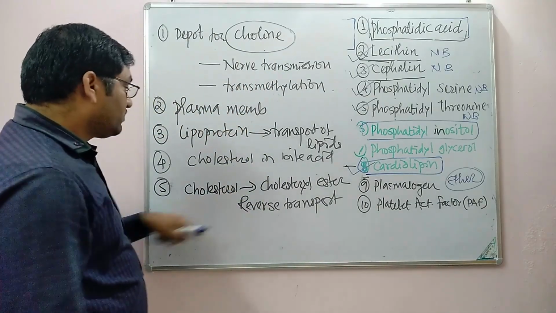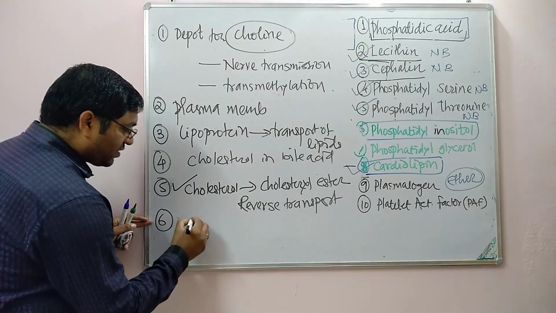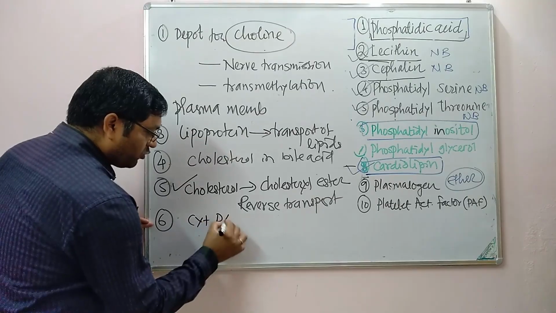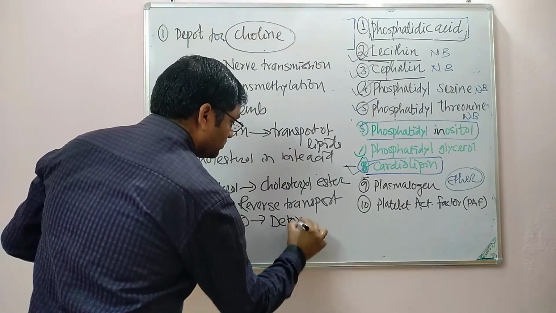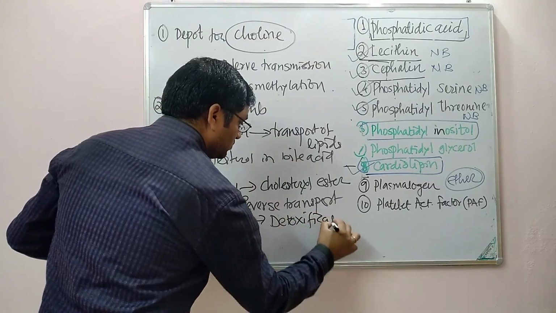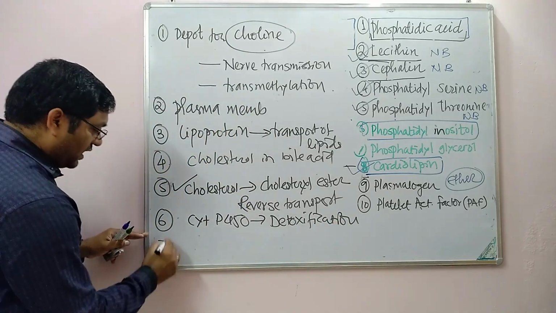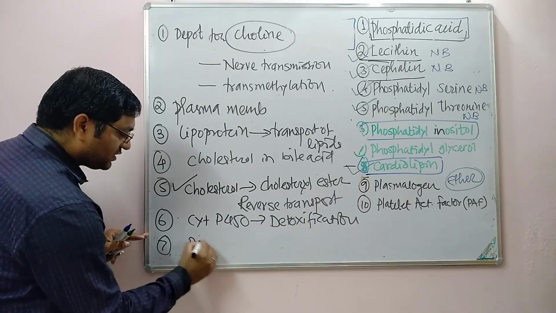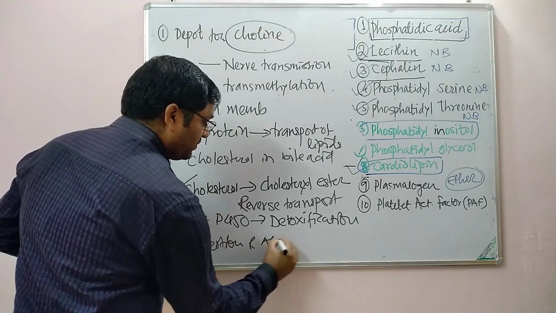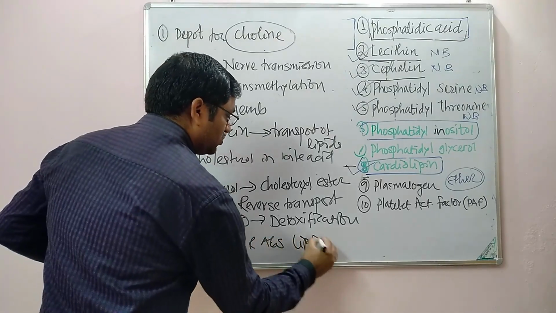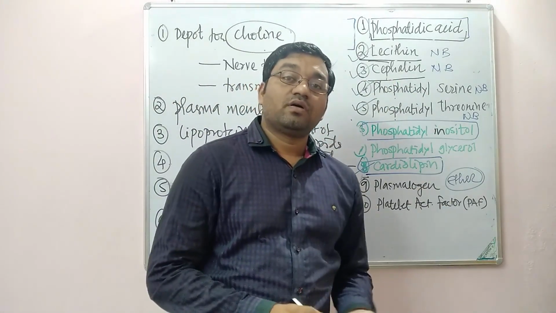So this is an important function. Then it is a part of the cytochrome P450 system and helps in detoxification. And seventh, it helps in digestion and absorption of lipid. So these are the very important functions of lecithin.